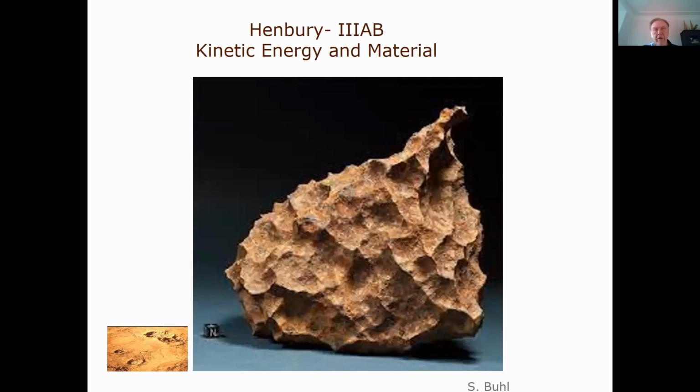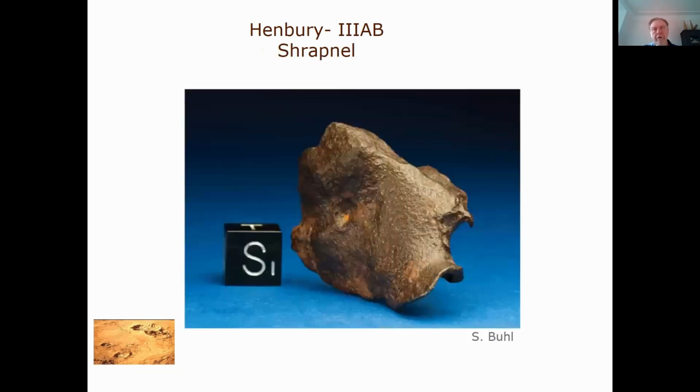There's a lot of stress on such a piece of iron, and therefore they break up. And in this case, they broke up in 12 major and a number of smaller pieces. And the ones that are affected by the atmosphere have this corroded surface.